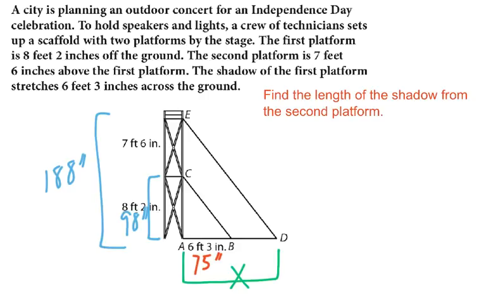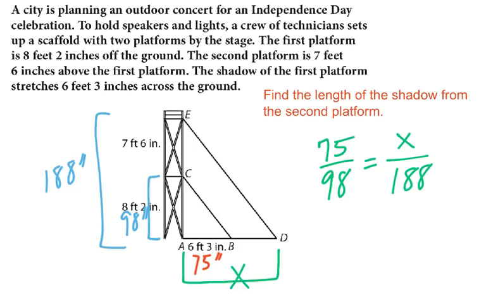So we take the shorter distances, the distances associated with the small platform, 98 and 75, and make a fraction. 75 over 98 is equal to the unknown distance divided by 188.